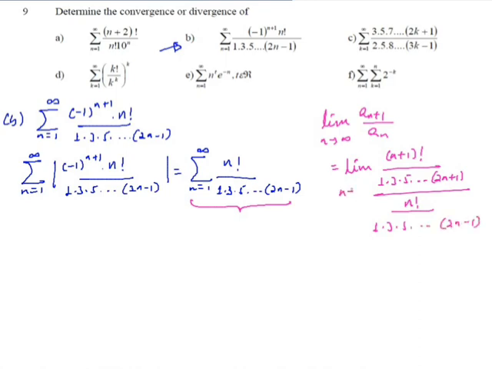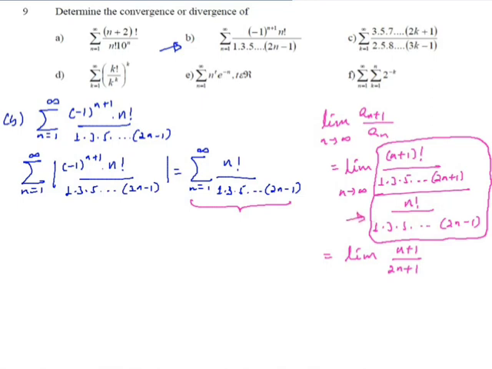Simplifying this is very important. The simplified form becomes n plus 1 over 2n plus 1. As n approaches infinity this becomes 1 over 2, which is a number less than 1.